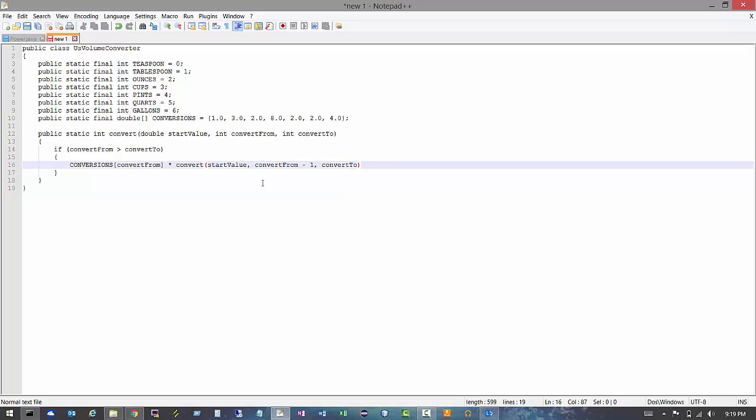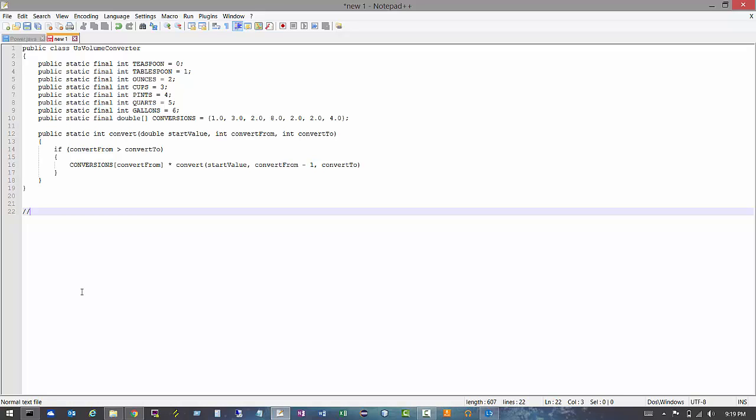So just like in the power example, let's say, for example, we have 10 gallons and we want to go to teaspoons the whole way down.